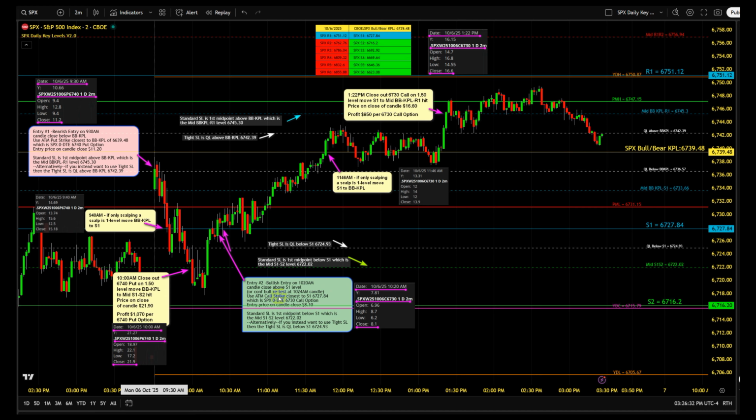Okay, so the 67.30 call option on this candle close here, this first close, cross and close above, is $8.10 on the close of this candle.